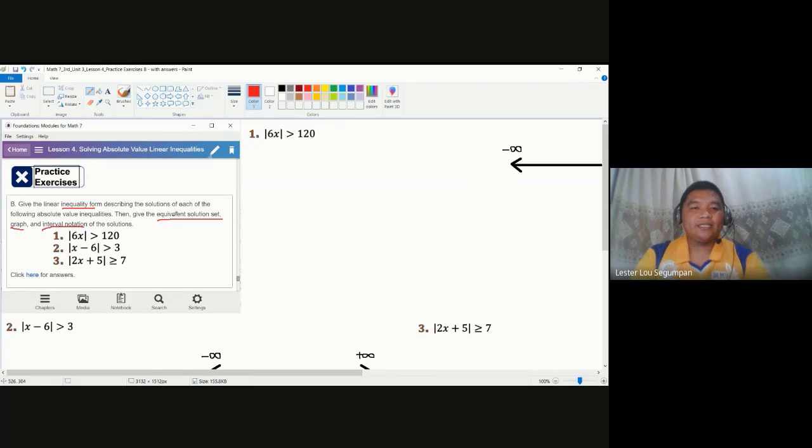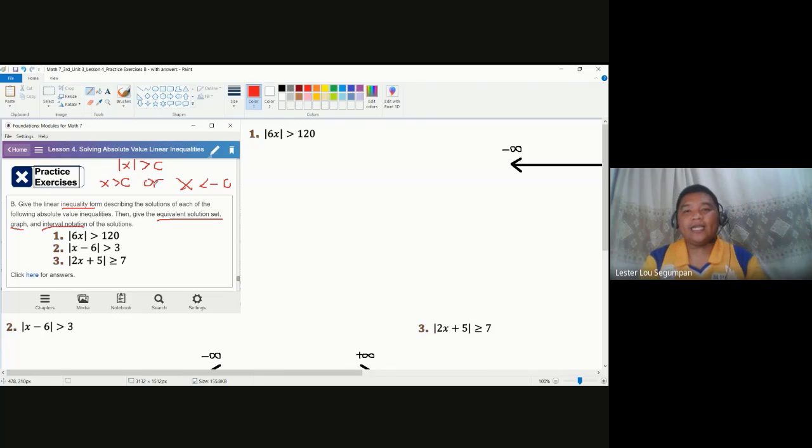But to do this, we need to remember the general format for the absolute value linear inequality involving the symbol of greater than or equal. It is in this form. If the absolute value of x is greater than any constant c, it's a combination of two statements. First, x is greater than positive c, or x is less than negative of c. So we use this conjunction or to combine the two statements.